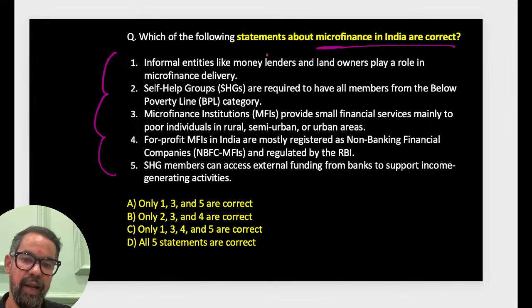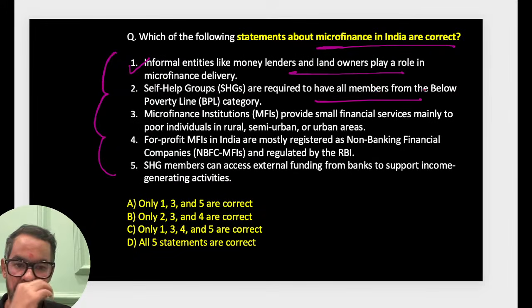So informal entities like money lenders and landowners play a role in microfinance delivery. They do. Self-help groups are required to have all members from BPL. No. Up to 20% or something. Okay, up to 20% can be APL.